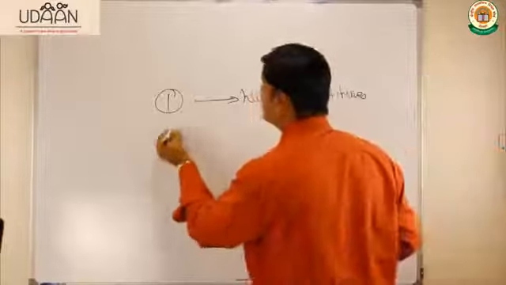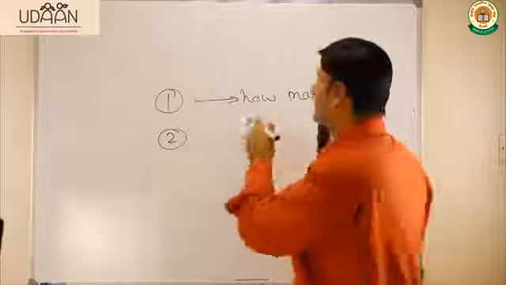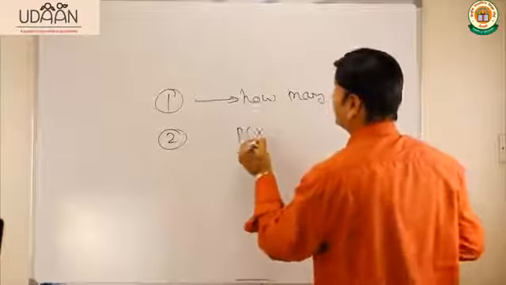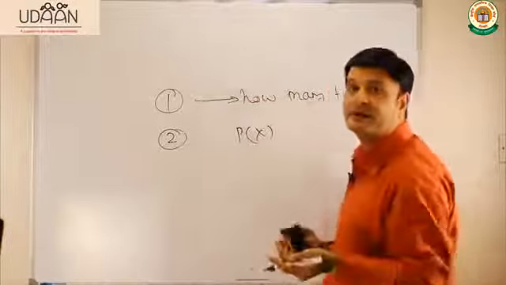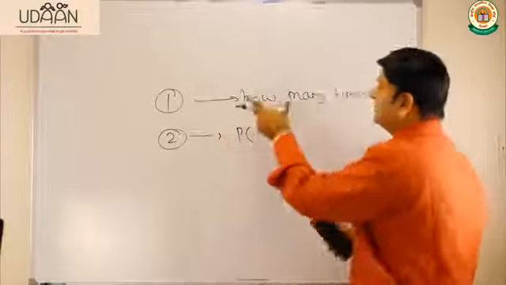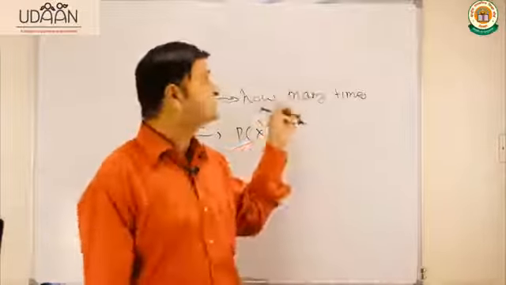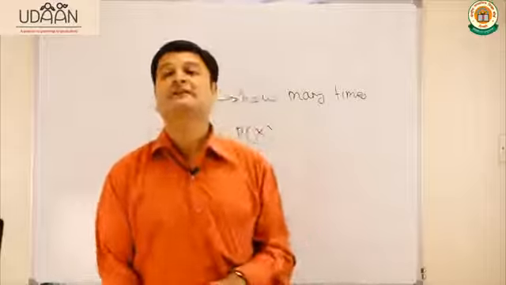And number 2, at the same time, I want the probabilities for all those counts. Suppose I get my event one time, then what is the probability of that? If it's two times, then what is the probability of that? If I write these details in tabular form, then it is known as a probability distribution.